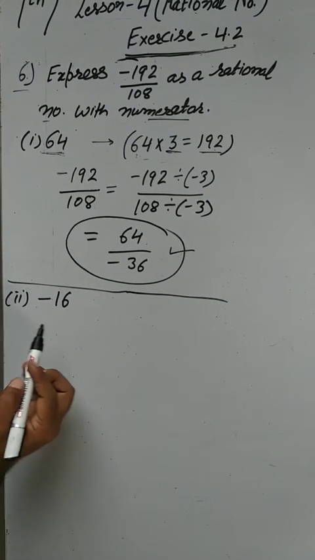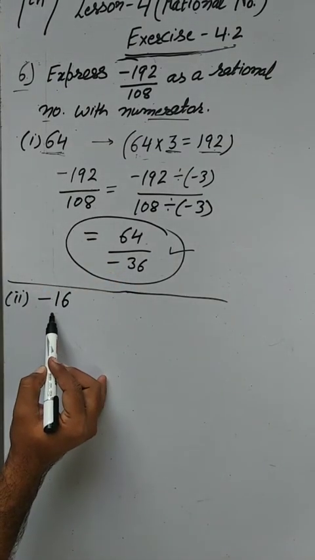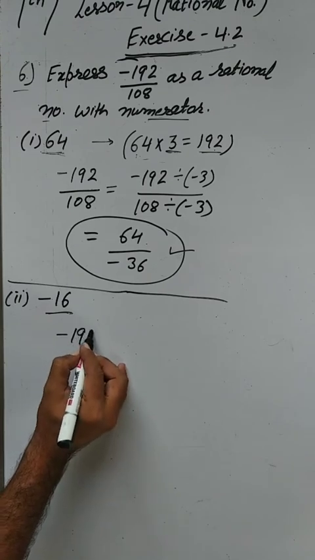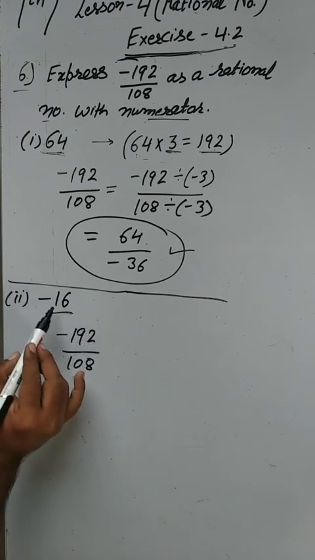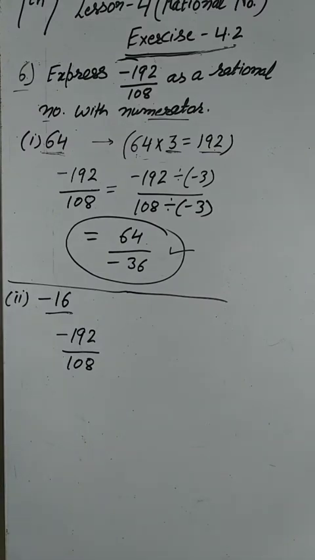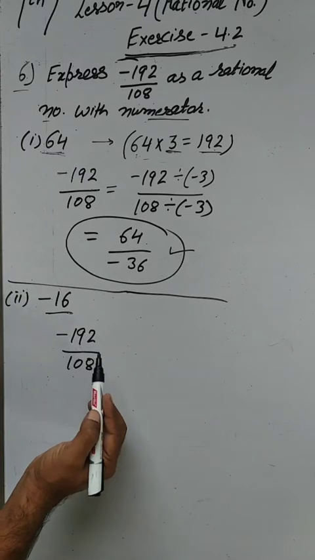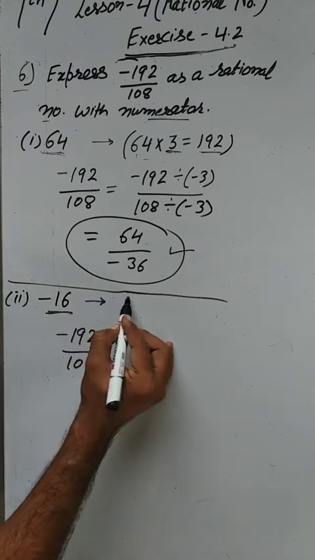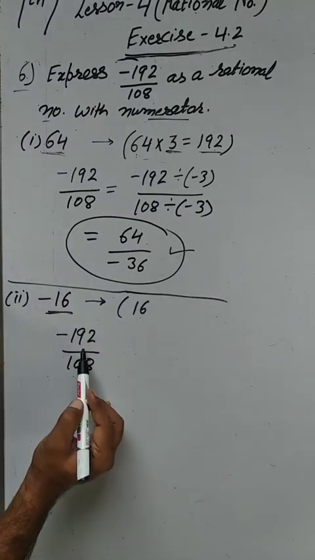Yes, beta, second part of that: I want to change the numerator into minus 16. Now the numerator is minus 192. I want to change 192 into 16. So, same as the first part, with what number is 192 divided to get 16? We will find it from here: 16 is multiplied with what number to get 192?